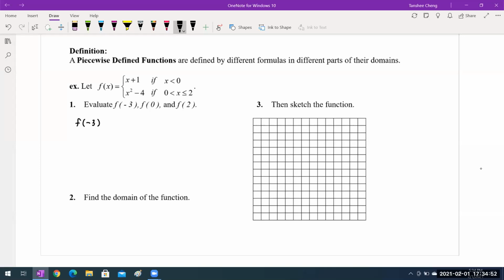The input is -3, right? And we have to decide which part of the formula we need to use. You can basically check this way. Since -3 is less than 0, that is a true statement, and therefore I will be using this formula, the first part of the function.